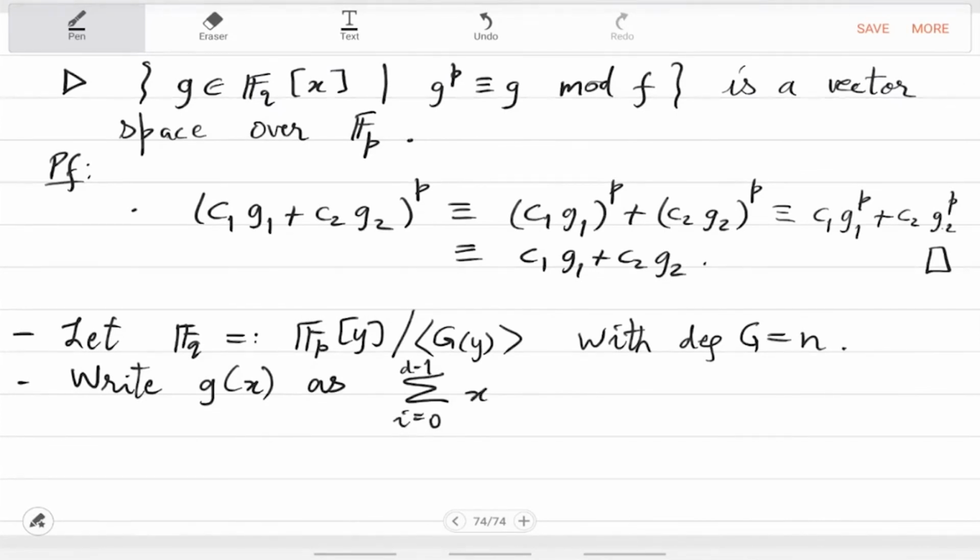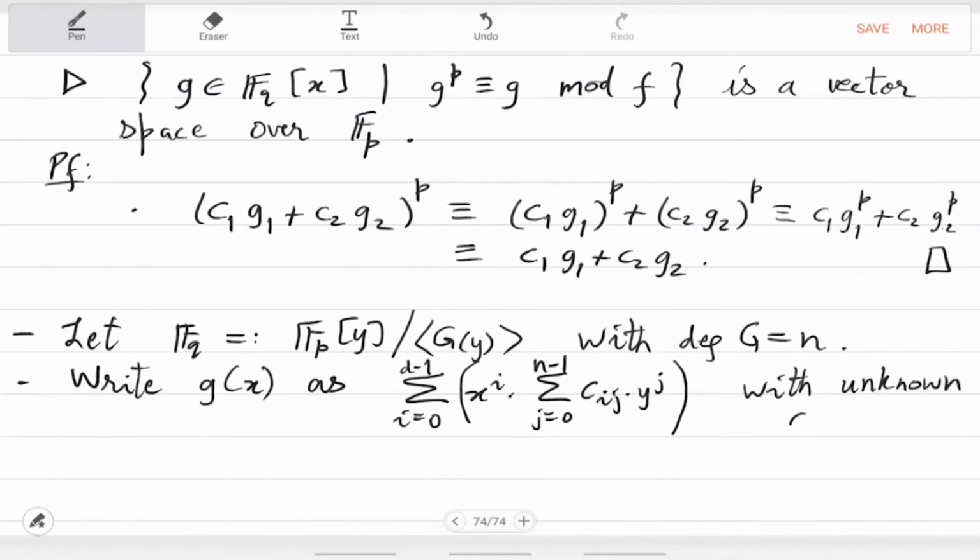That's for x to the I. And then there are these coefficients in FQ, which again we need to expand as y polynomials, which goes from 0 to n minus 1, with unknown Cij, but they are in FP.